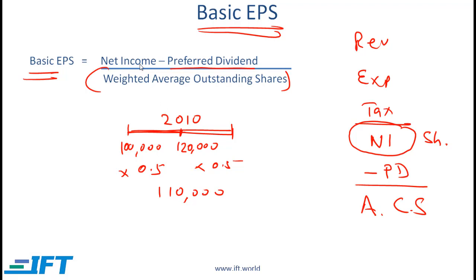Let's say that our net income was 200,000. And let's say for simplicity that the preferred dividend was 90,000. Then our basic EPS would be 200,000 minus 90,000, which is 110,000, divided by 110,000, which is equal to 1. So the earnings per share in this example equal 1.